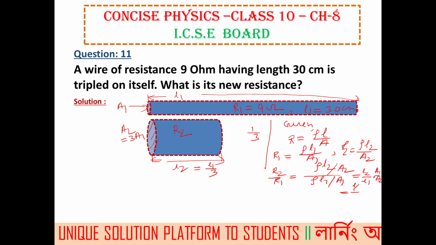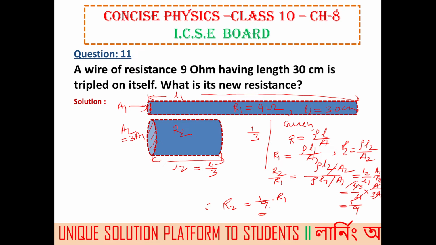In case of L2 you can write L1 by 3. In case of A2 you can write 3A1. So A1 gets cancelled, L1 gets cancelled. Finally we are getting 1 by 9. So we can write R2 equal to 1 by 9 into R1.